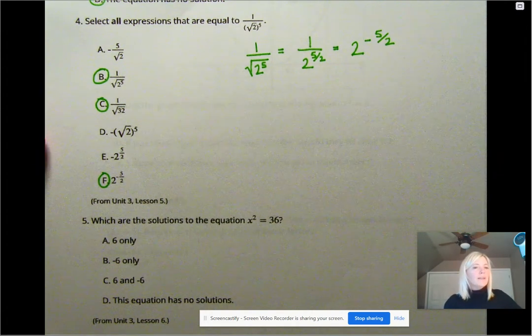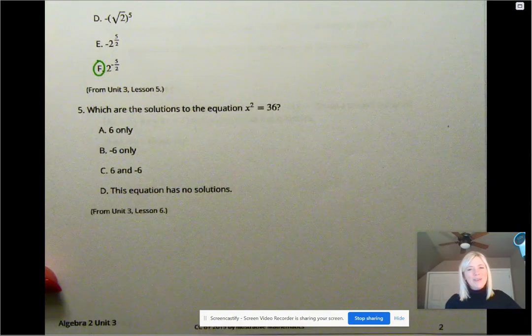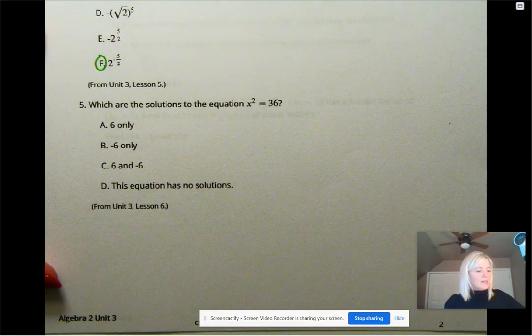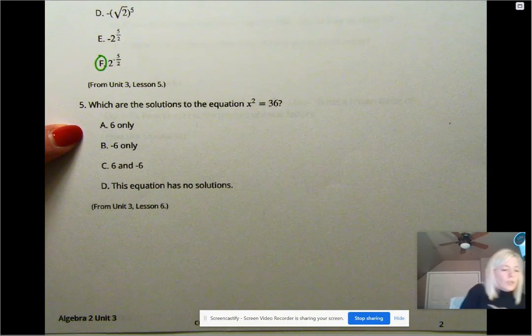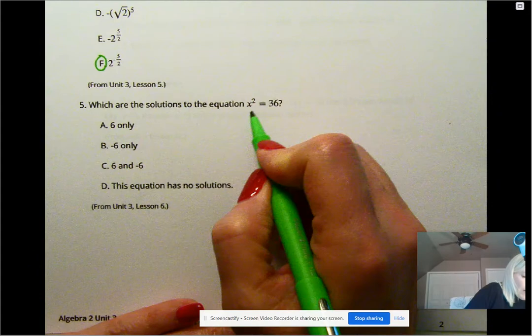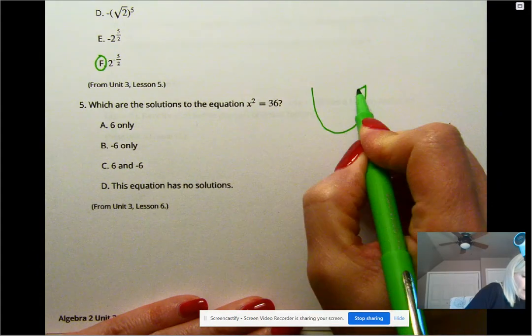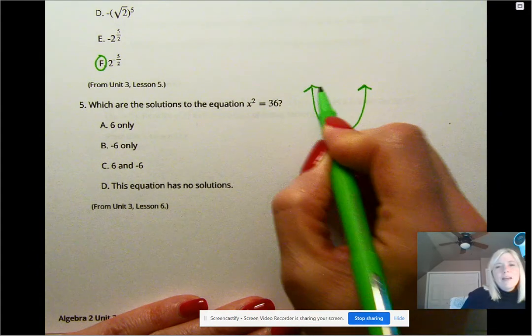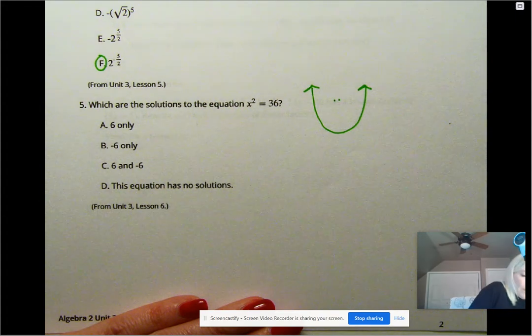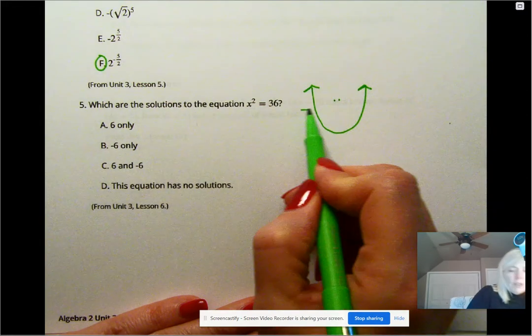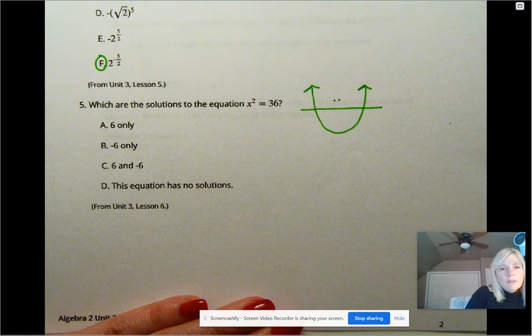And finally, number 5, we've made it to the end of the assignment. Which are the solutions to the equation x squared equals 36? So let's just remember x squared looks like that. It's kind of a happy little parabola, but x squared equals 36 is going to have a positive solution and a negative solution.